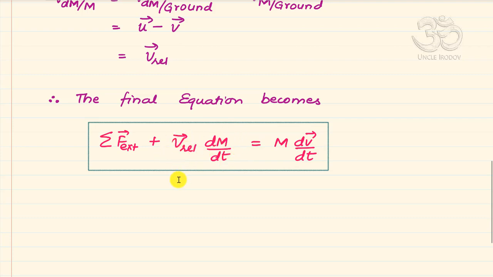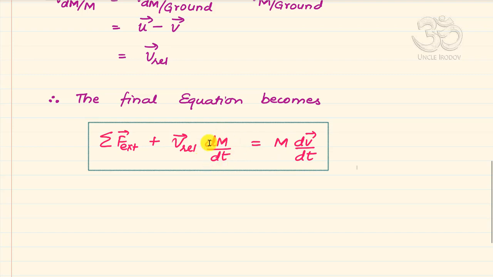VREL will come in here. VREL will be found using vector notations, so whatever sign you get, you have to insert it here, no issue. So we will first create a coordinate system and assume i cap, j cap, k cap, so that we can give signs to forces, to VREL and to this dv by dt term, and m will be filled in here.